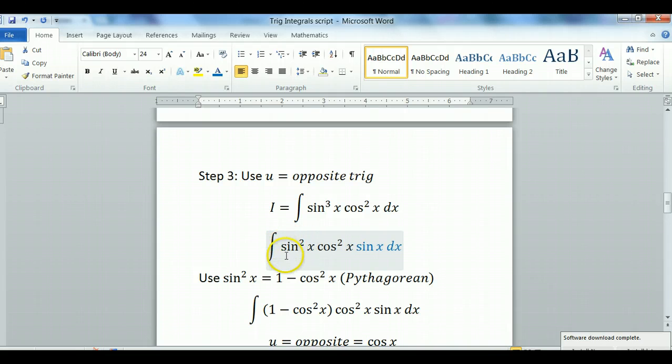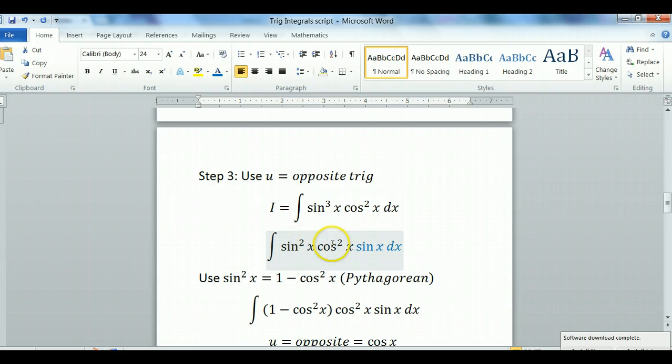To convert this to the opposite using Pythagorean, what is the opposite of sine? The opposite of sine will be cosine x. Now can I convert this into cosine x? Oh sure, because using Pythagorean I can write the sine squared as 1 minus cosine squared.